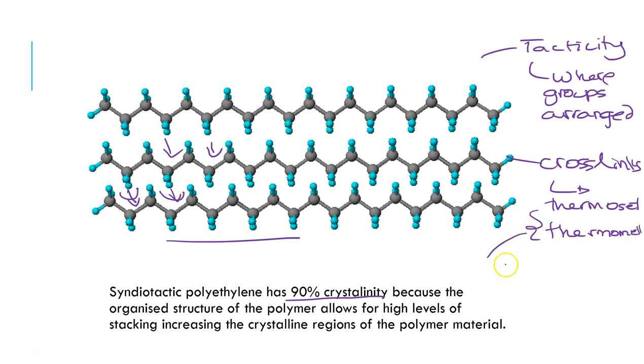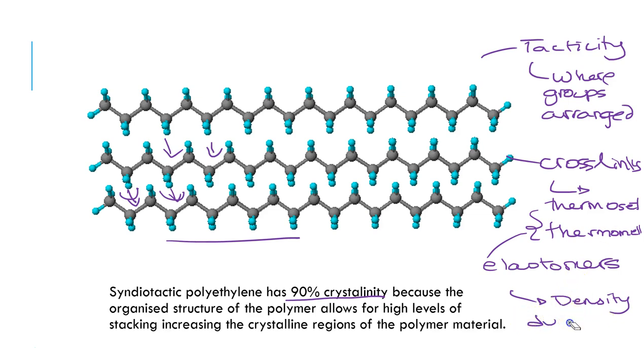I want you to think about, what about polymers that are elastic? Have a think about that, and we'll talk about those in class. And that, so we've got tacticity, crosslinks, and density due to stacking.